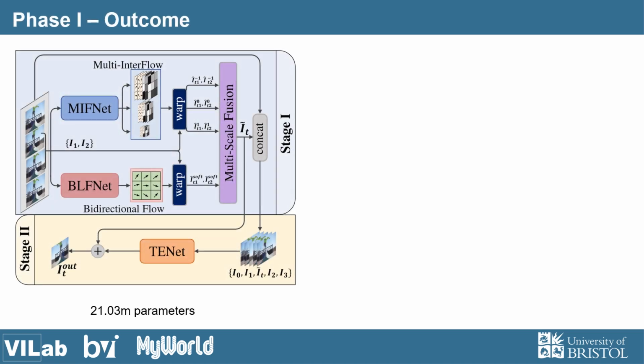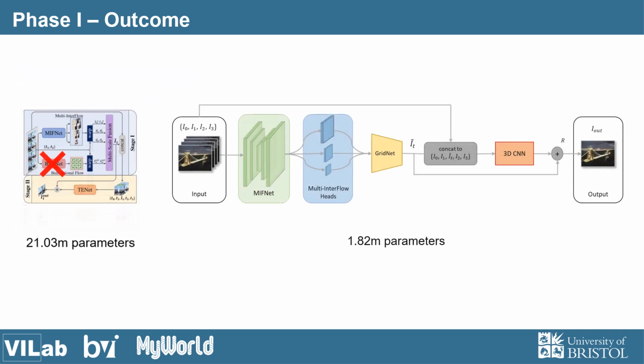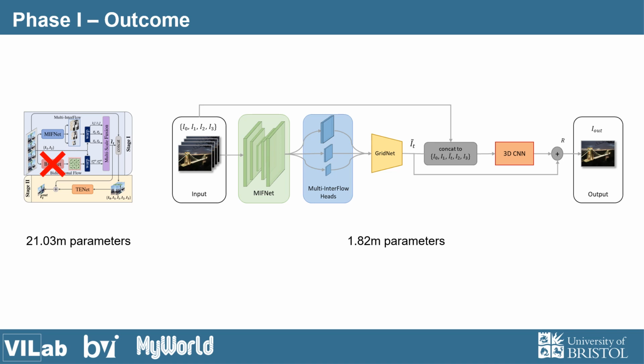Regarding the compressed architecture, it's worth noting some aspects of the original. The original model contains several separate components, most of which were beneficial to the excellent overall performance of ST-MFNet. Viewers are referred to the original paper for details on these components. However, after our pruning is complete, we observe that the BLFNet, a component of ST-MFNet which helps to deal with large motions, is found by the optimizer to contribute extremely little to the overall performance of the model.